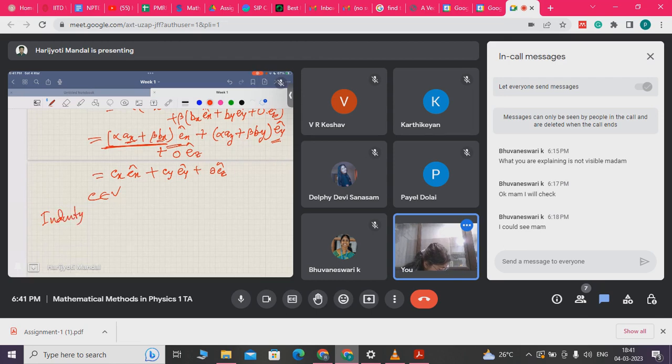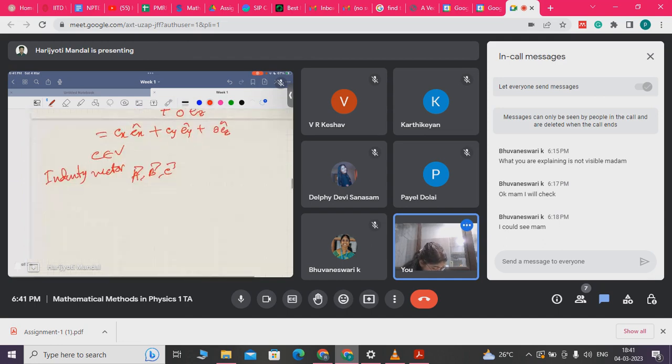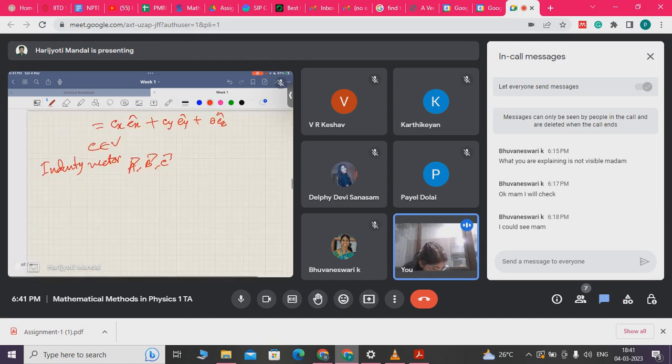Now we need to prove that the identity vector for all these A, B and C, any vectors which belong to this vector space, also belongs to their specific vector space.